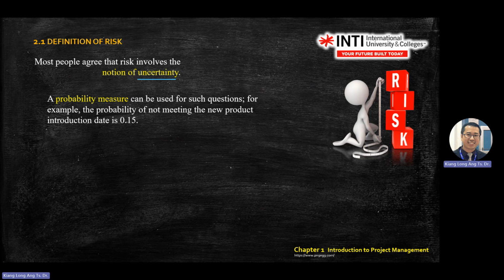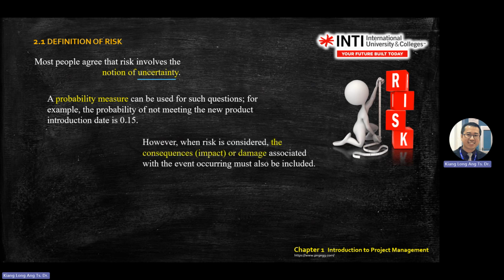Okay. So for example, a case study. If you have a probability of not meeting the new product introduction date of 0.15, where 1 is 100%, 0.15 is 15%. However, when risk is considered, the consequences associated with the event must also be included.